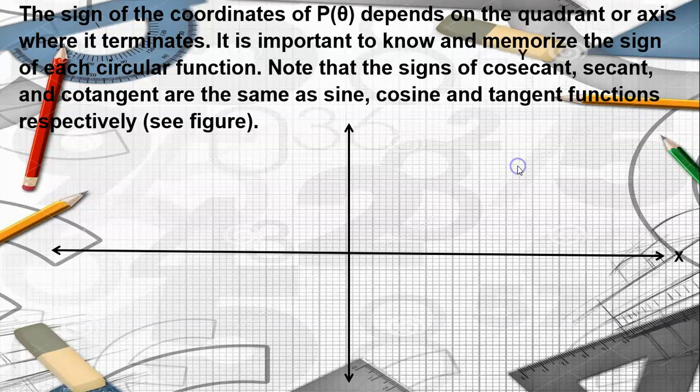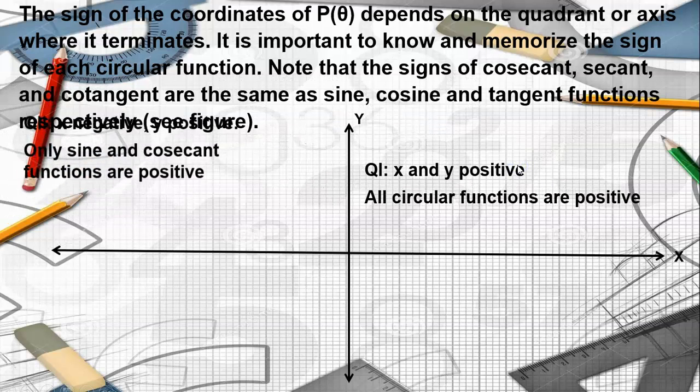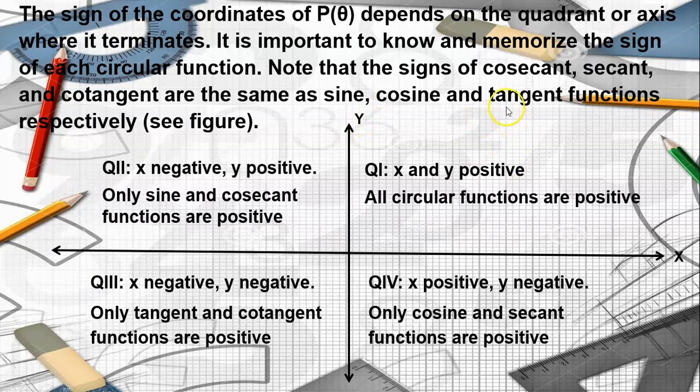So we have here our quadrant 1, quadrant 2, quadrant 3, and quadrant 4. So note that the signs of cosecant, secant, and cotangent are the same as the sine, cosine, and tangent functions respectively. So in quadrant 1, x and y are positive, so all circular functions are positive.